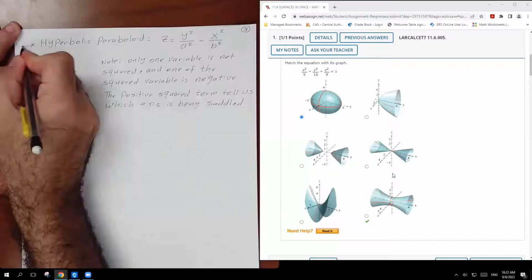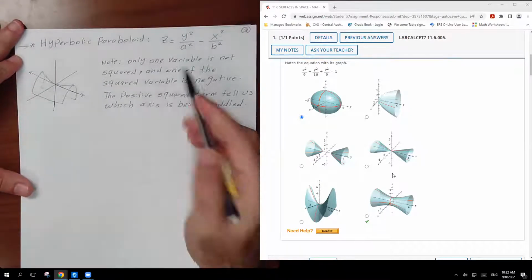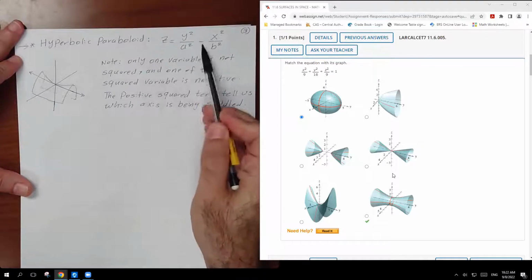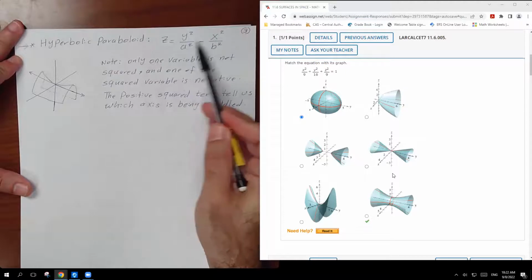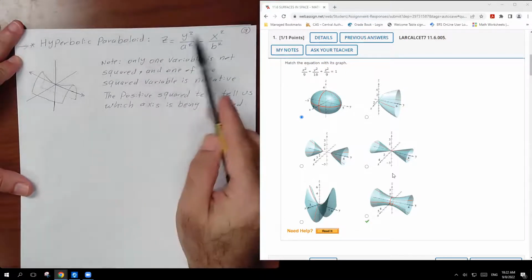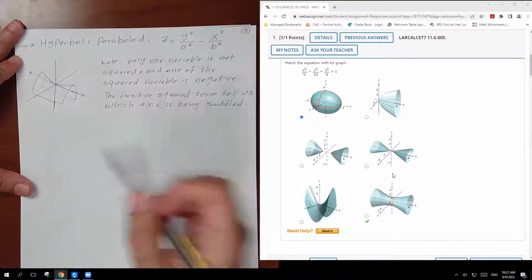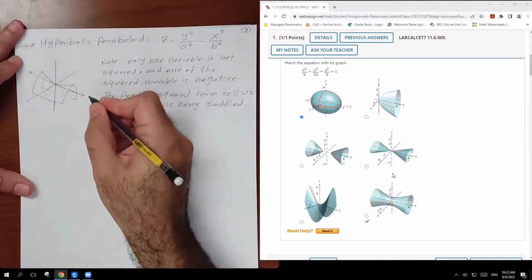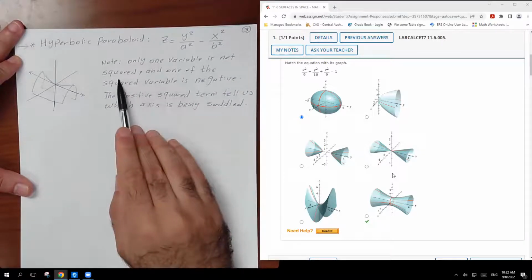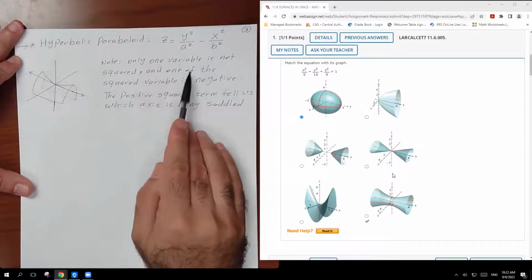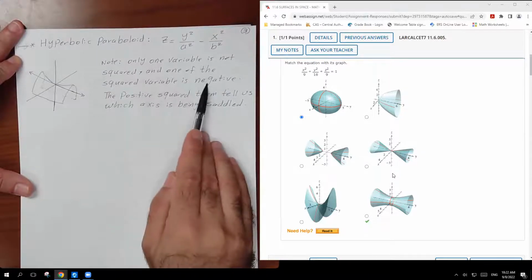There is the last one, which is hyperbolic paraboloid. Z equals y squared over a squared minus x squared over b squared. It doesn't matter which one is going to be the negative. The main thing with this graph, here's the negative with the x. That means, let's say this is the x. Only one variable is not square, and one of the squared variables is negative.